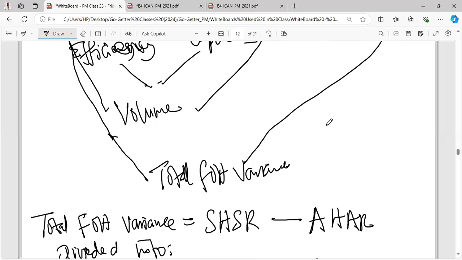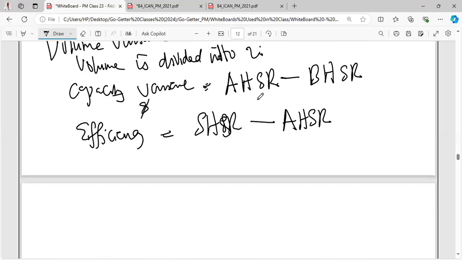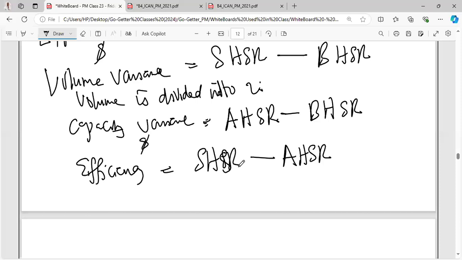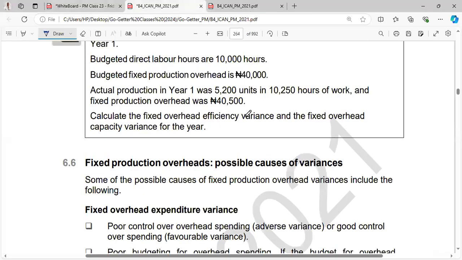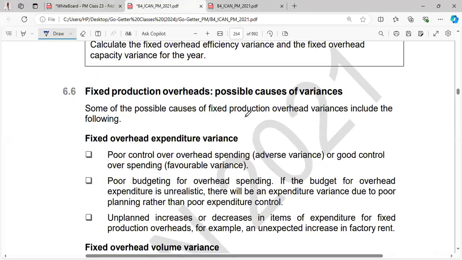Then from variable overhead, you see how you can get your fixed overhead. Do that several times and the formula will be with you. That's why I combined the whiteboard of last class with this, so that you see everything in one sitting. Now, what are the possible causes of variances for production overheads?